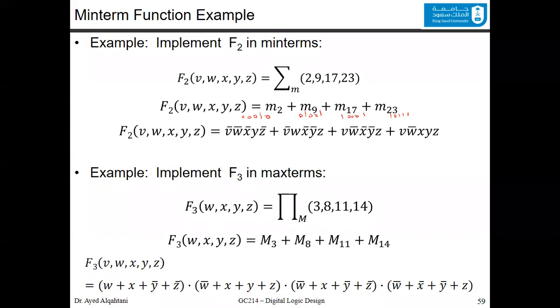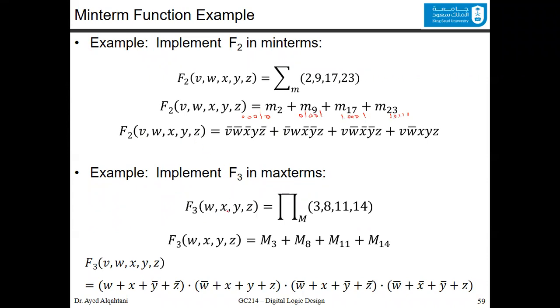The second one, being m9, is V bar, W, X bar, Y bar, and Z. m17 is V, W bar, X bar, Y bar, and Z. And the last one is V, W bar, X, Y, and Z. And you OR them together. This will be the function f2, which is 5 variables.